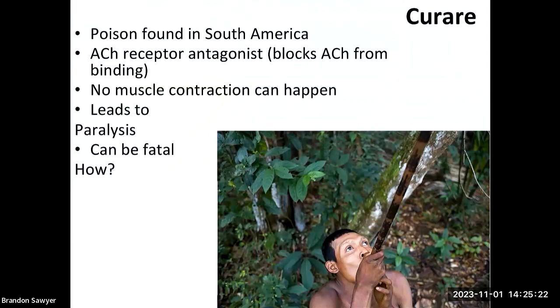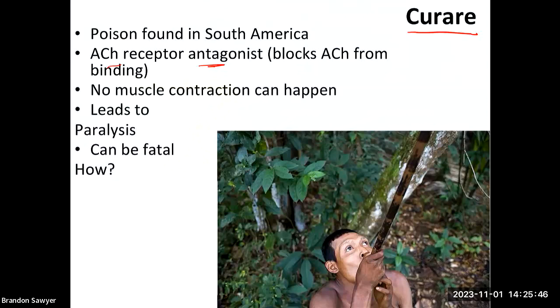And then lastly, curare, which is an acetylcholine receptor antagonist, which means it gets in the way of acetylcholine binding, but doesn't do the same thing. It just blocks it. This is found in those little poison dart frogs in South America. It's on their skin. You touch them, you die, because it gets into your body and you can't contract muscle anymore.